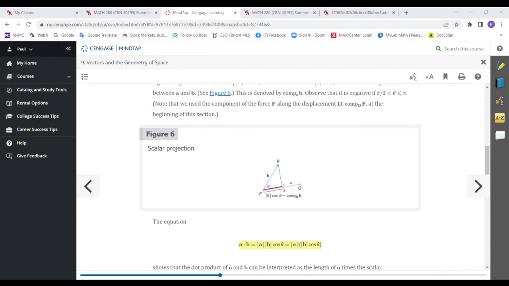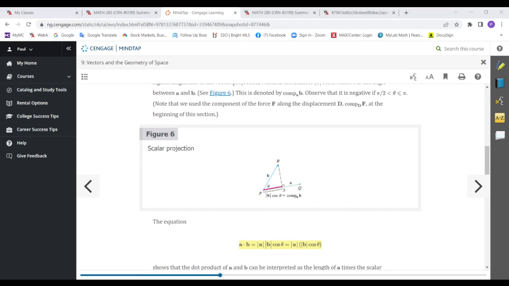So the projection vector is the vector PS, and we want the length of that vector PS. Since the cosine of theta is equal to the length of the adjacent vector PS divided by the hypotenuse vector B, that means the length of PS is equal to the cosine of theta times the length of B. And that is your component vector.